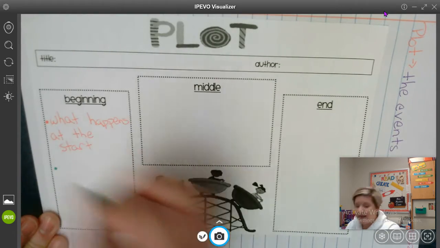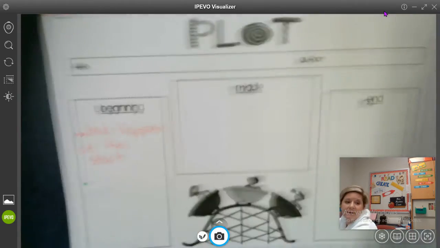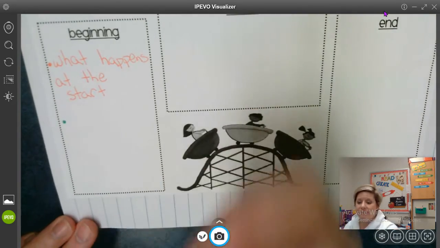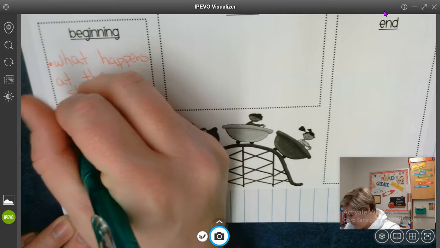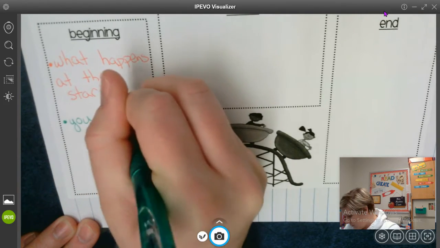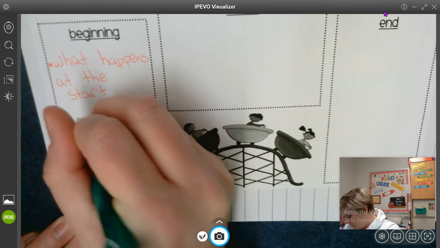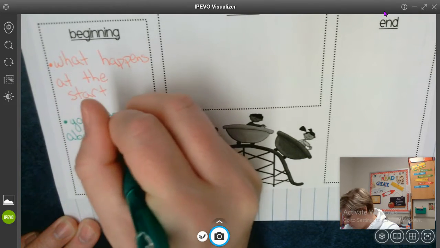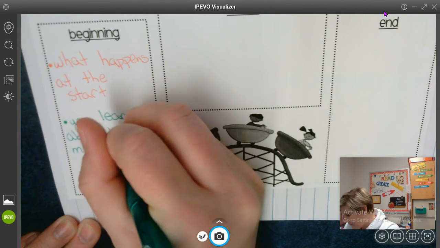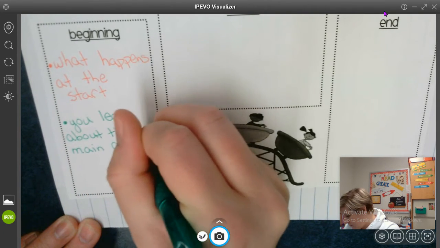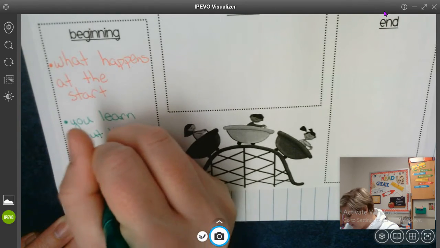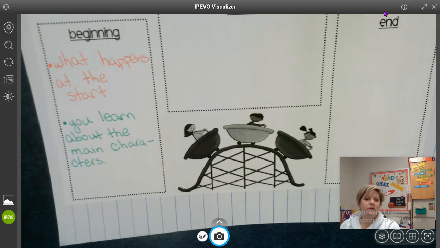One of the things that happens is, get a little closer so you can read it a little better, you learn about the main characters. Oh, ran out of room. Characters.